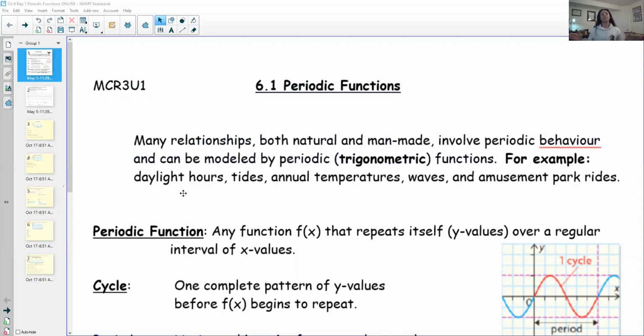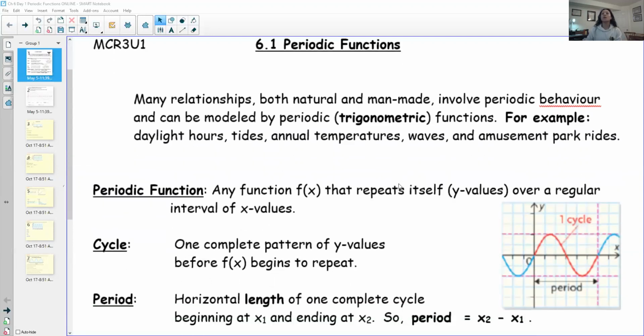The height of the tides or the distance of the tides when they come in and they come out. We can look at temperatures rising and falling over the seasons, right? Cold temperatures in the winter, warm in the summer, cold in the winter, warm in the summer. And they repeat, and they would come up with some kind of cyclical or repetitive pattern if you were to graph them. So things like that would be examples of periodic functions in real life, which is why we would like to describe them in math.